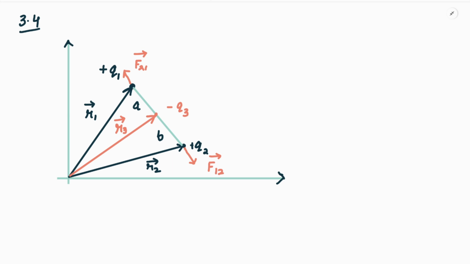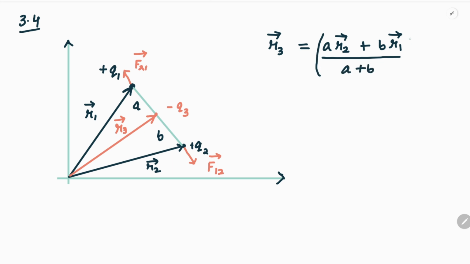So if we apply that formulation, we can directly write that r3 vector can be written as a times r2 plus b times r1 upon a plus b. So using the section formula we can write this expression for r3 vector.